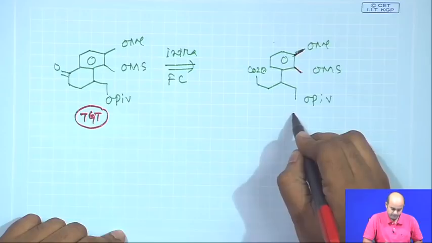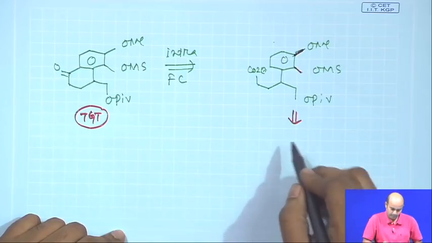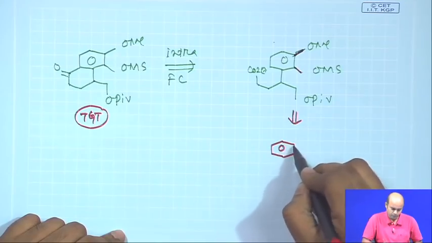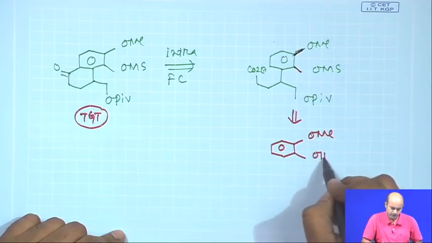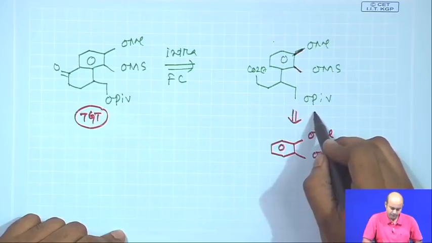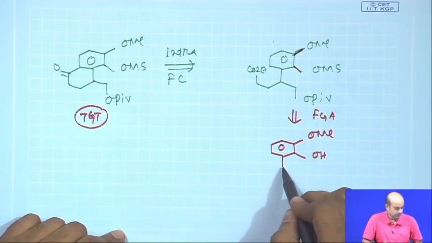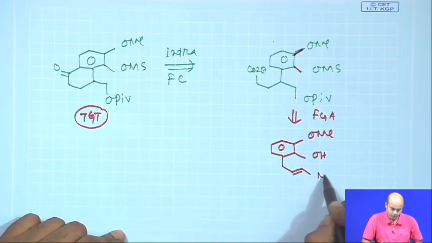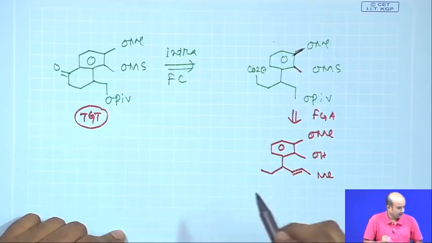Next we need to do the remaining part, and in this case we will try to keep it as a free alcohol. This alcohol will be protected as its mesylate, a simple functional group addition. Then this part we will try to introduce some group which will be explained later on.